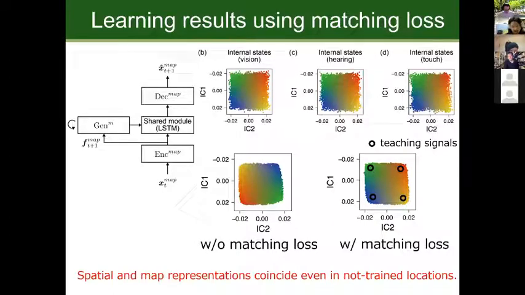Yeah, with only vision, the network can create a spatial representation like this. I think visual information has a lot of information to estimate the current location, but hearing and touch have less information, so it might be difficult to create a spatial representation from these kinds of sensors. But I think it can be possible. It's possible. Okay, thank you.